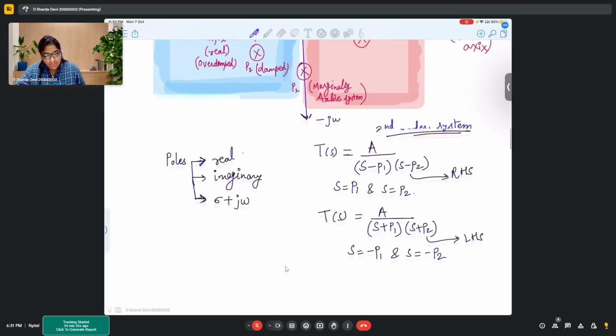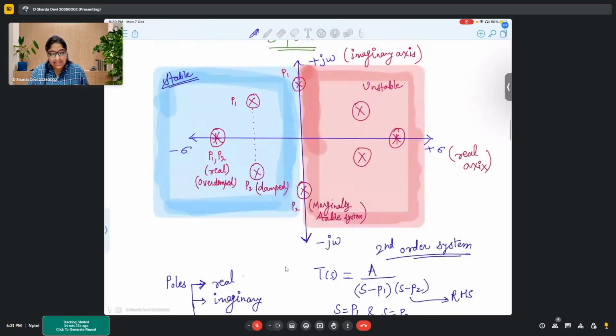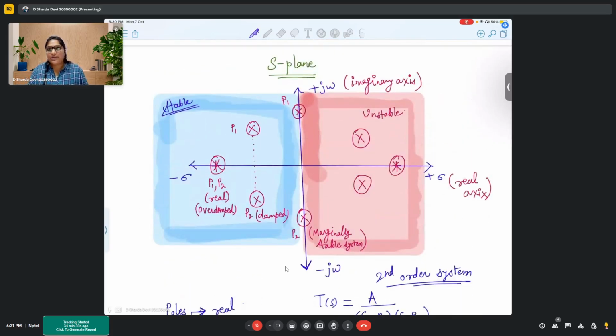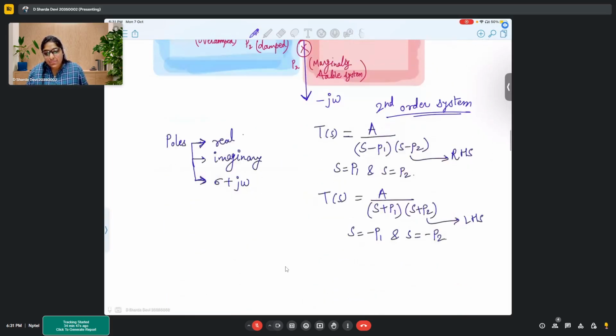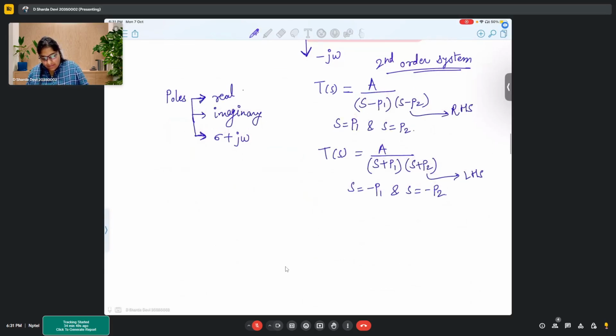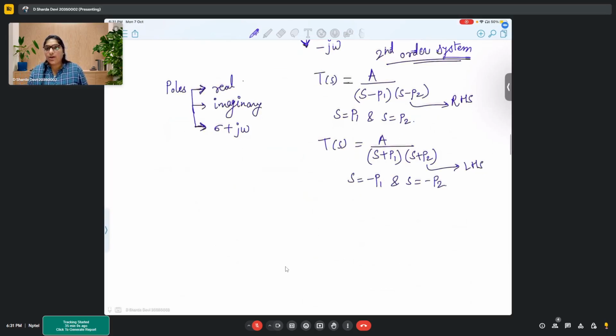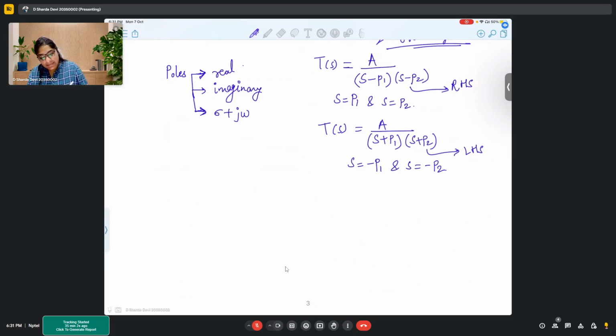Now, this is the basic idea of stability. Whatever system you have, you analyze your stability based on this. Now, we know that in our systems, most of the time we use feedback, and it is either positive feedback or negative feedback, right?